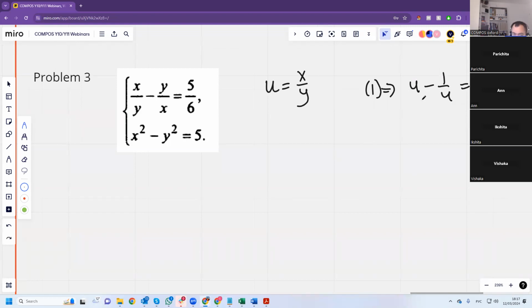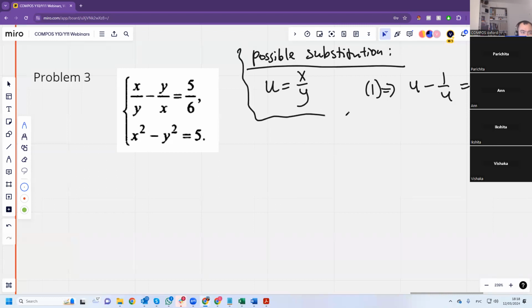I'm going to do a different method. I'm going to take the first equation and I'm going to simplify it, or rather complicate it slightly.